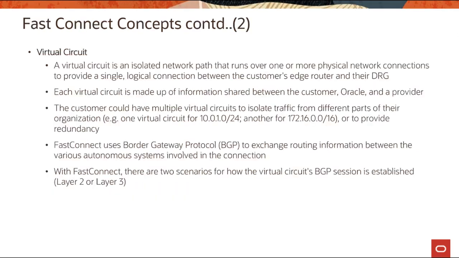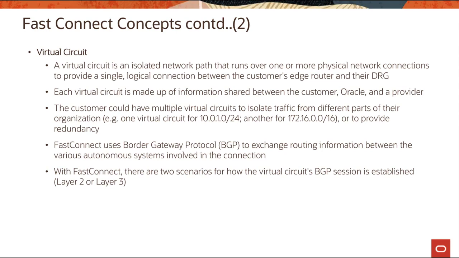Another important concept within the FastConnect connection is the concept of a virtual circuit. Whenever you create a FastConnect connection, there are two parts to it. The first is the physical part, where you physically connect the two network equipments, your own network equipment in your data center, whether you are co-located or using any of the service models, to the Oracle Cloud Infrastructure's edge router.